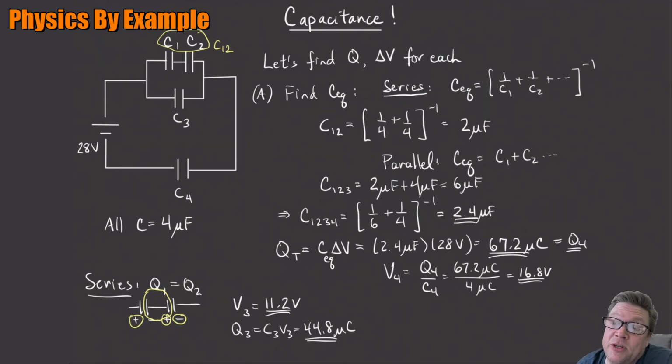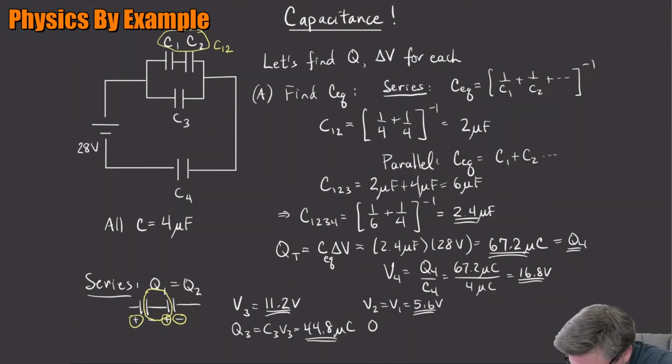So half the voltage has to be dropped across one and then half on the other. So V2 equals V1 equals 5.6 volts. And then I can figure out the charge. Q2, they're in series, so the charges are going to be equal. And so that's just going to be C times delta V. I already know the delta V's, and I know the individual capacitances, and what did I get? 22.4.